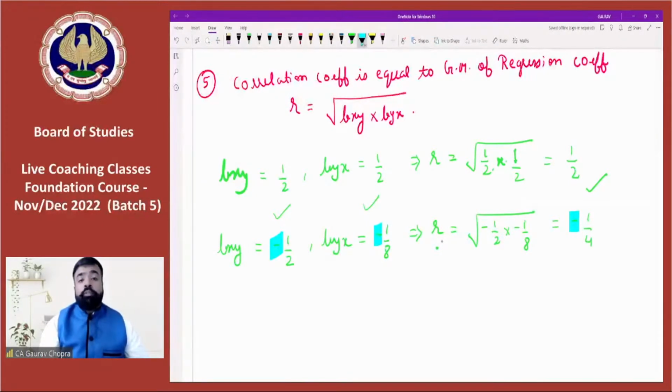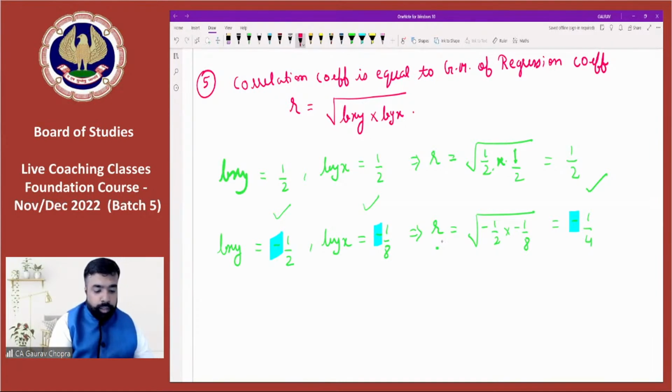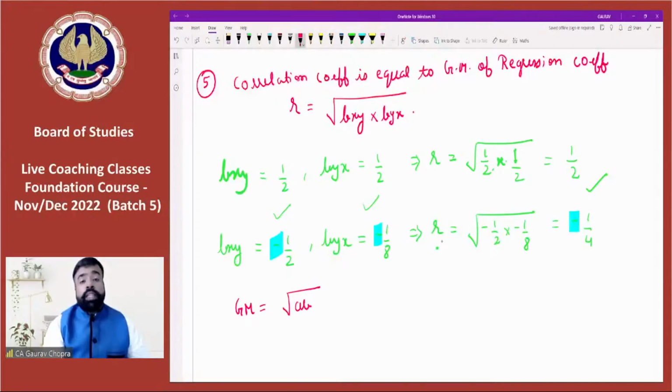And you might have done this concept in geometric mean as well. Let me recall. Geometric mean is basically the nth root of the product of all observations. Let's say if there are two numbers, then we have to multiply the two numbers and find the square root. So if the two numbers are minus 3 and minus 27, then what will be the geometric mean?